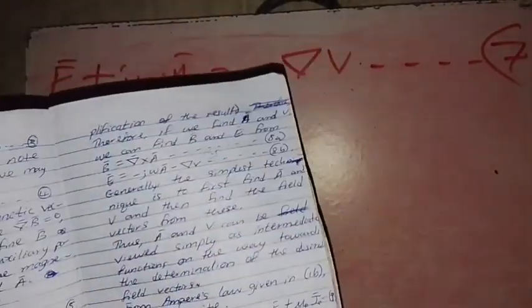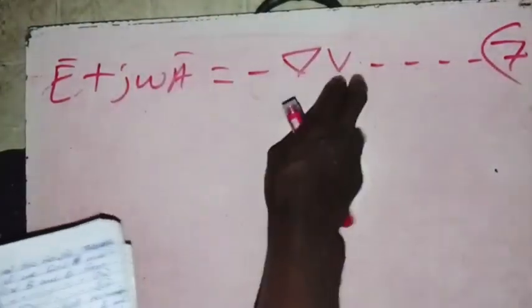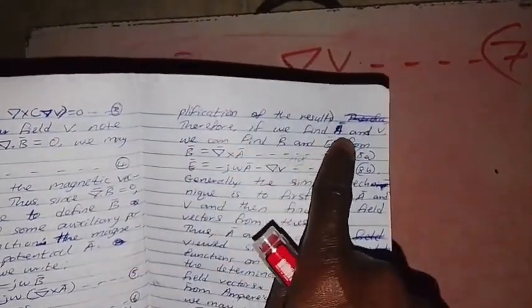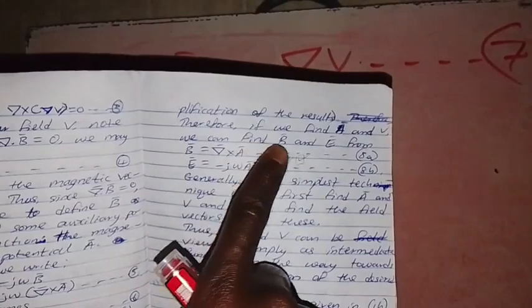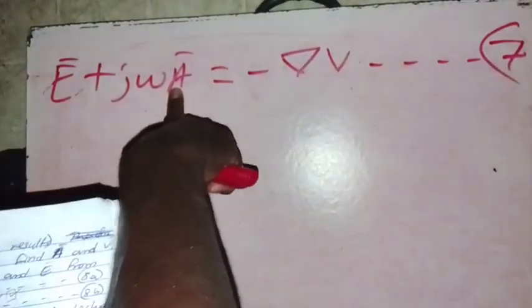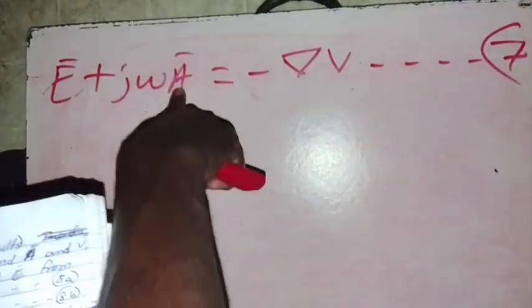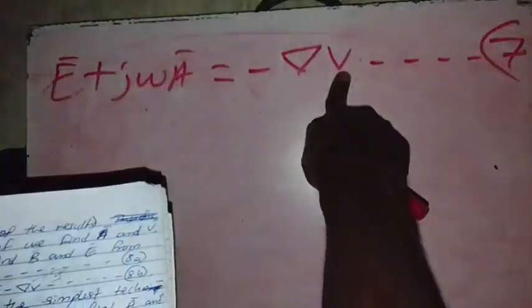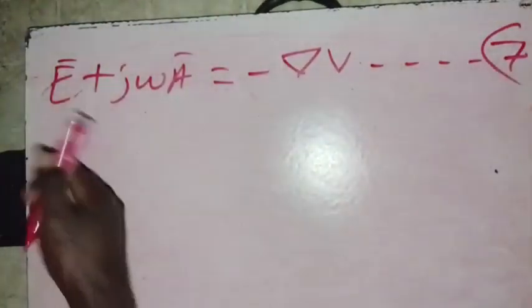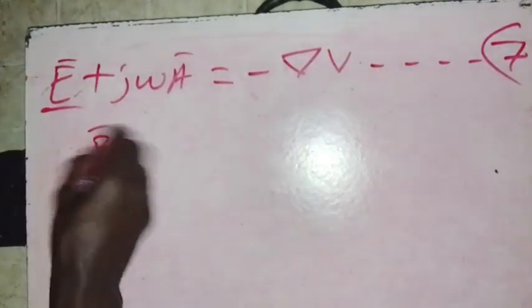These are the two guys. Now if we find A and V, we can find B and E. Meaning if we find the vector field and the scalar field, we can then find the electric and the magnetic field.